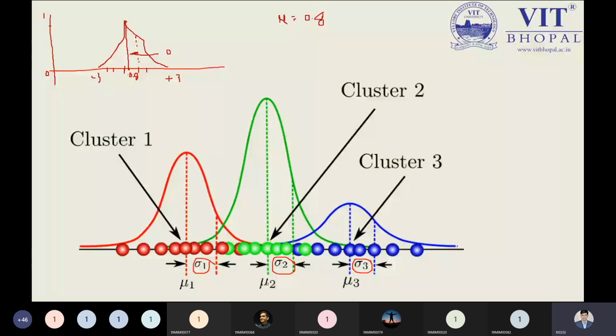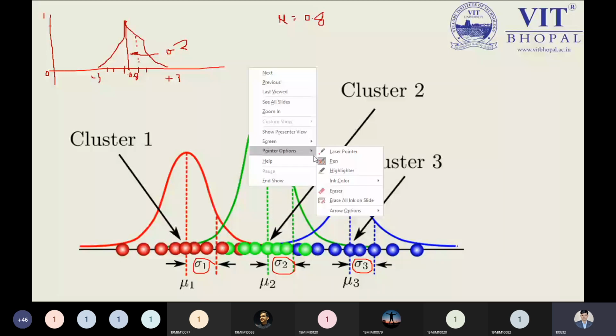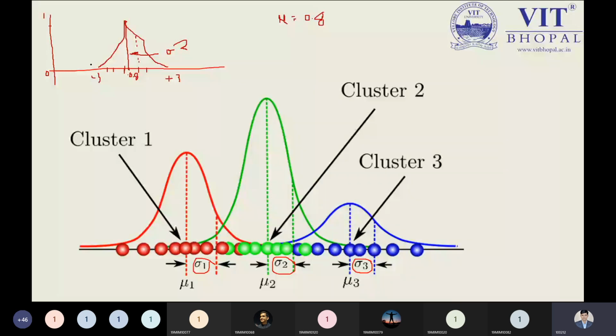Same thing here. We have three different examples of cluster 1, cluster 2, cluster 3. From this portion you can see its spreading is going more and more. See, it is not just ended over here. It is spreading and covering more and more range. I'm representing the same thing with another example. See, it is touching -4, -5 as well.